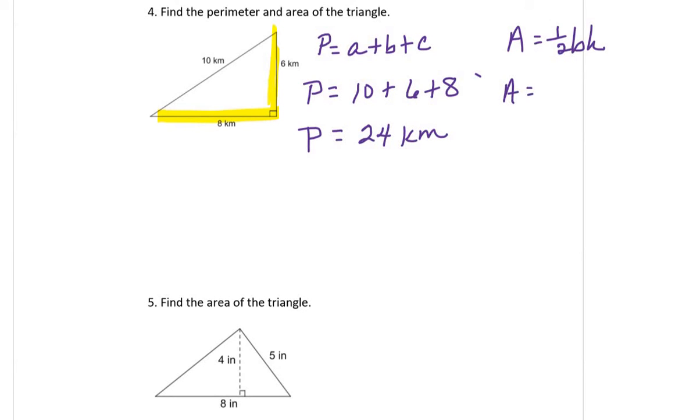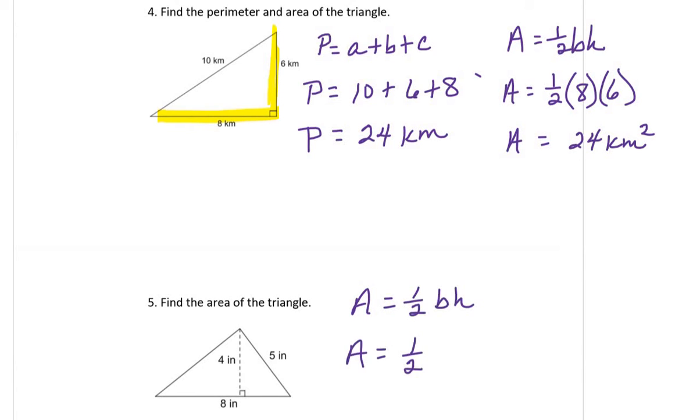So we have the area is 1/2 times 8 times 6, and that's going to be 24 square kilometers, or kilometers squared. Now on my next problem, when I'm looking at my diagram to figure out the base and the height, again, I need to be sure that I'm looking for perpendicular segments.